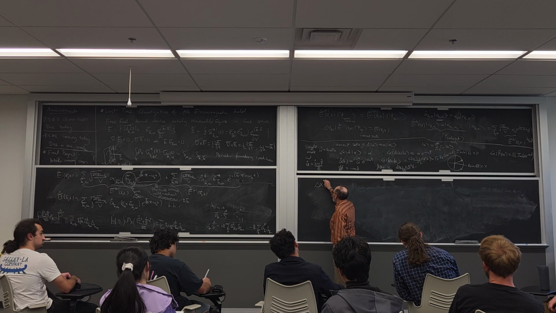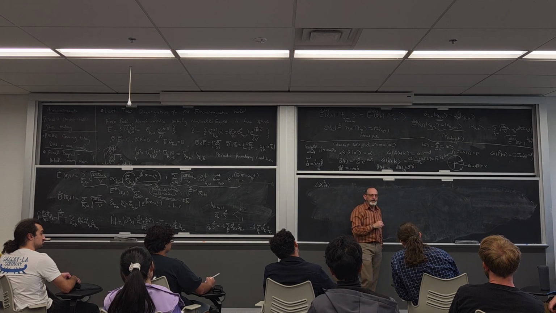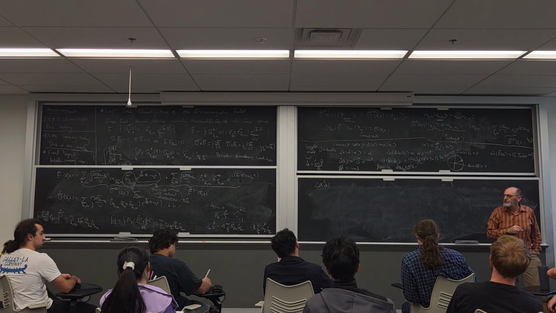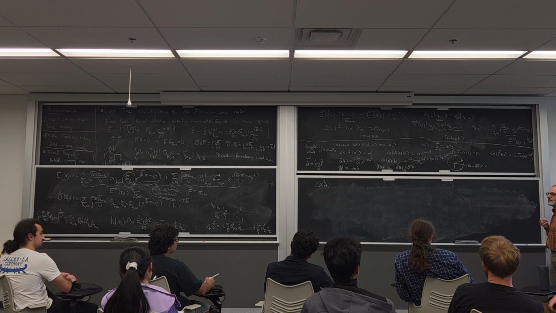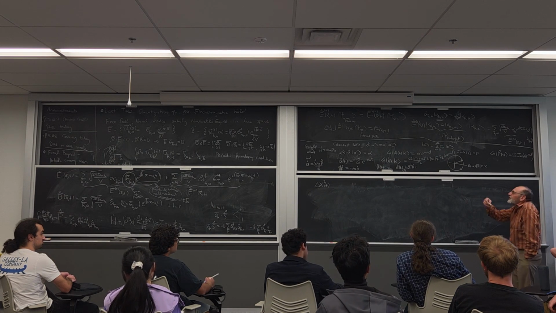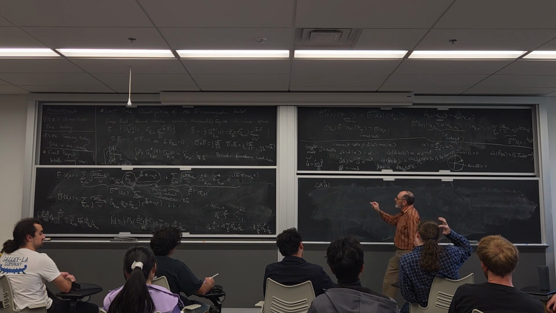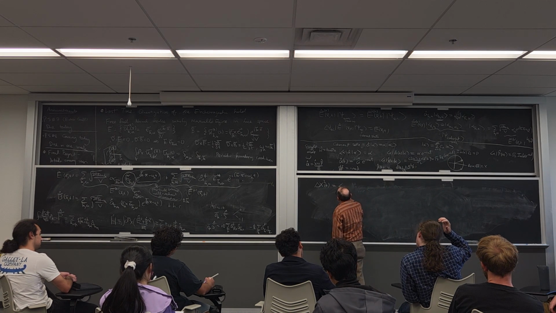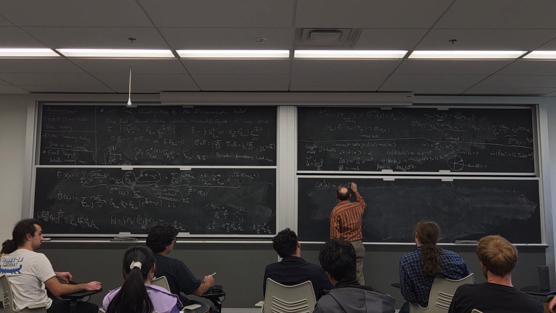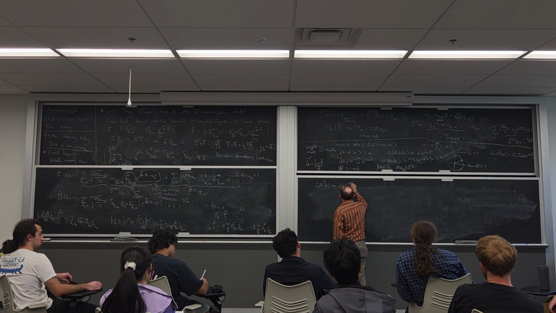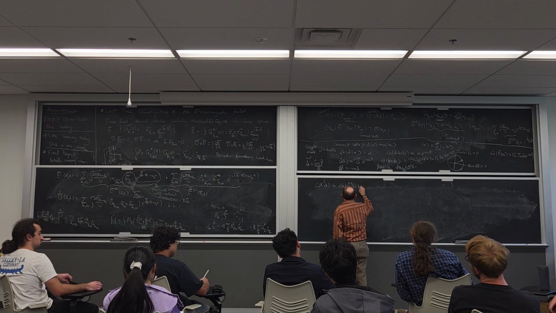How would you calculate, say, the variance in x as a function of time? It's the variance. How do you calculate that in quantum mechanics? Expectation of the square minus the square of the expectation. Right. And I'm going to do it in the Heisenberg picture because it's easy.